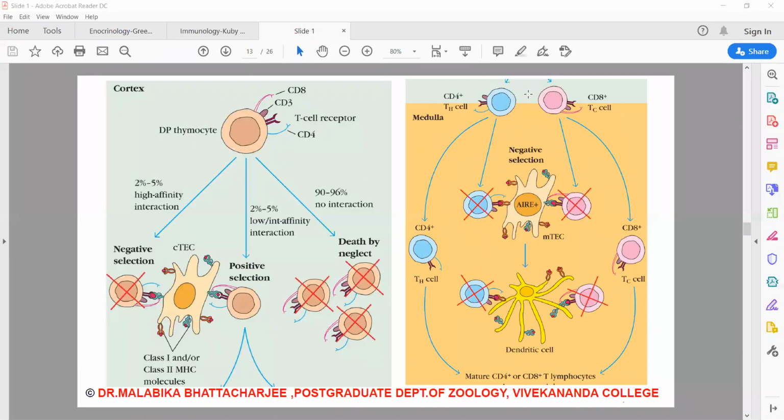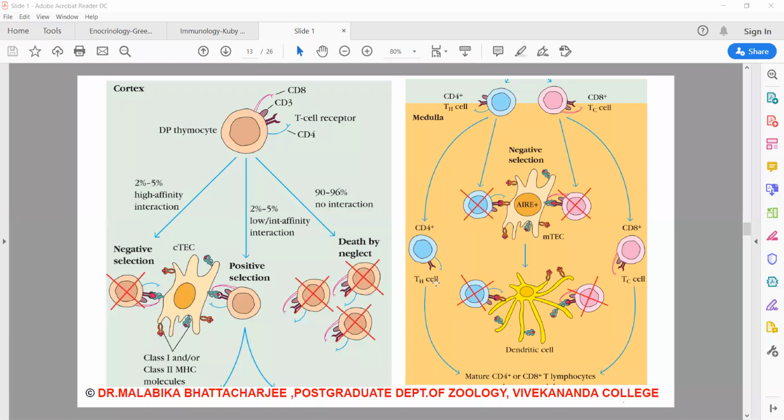Now the next part of the schooling: whether the cells are overreactive to self antigens. If the cells are overreactive to self antigens, then there is a risk of sending these to the peripheral immune system. So they need to be killed. If the cells are seen to be overreactive with self antigens, then as a result of interaction of these overreactive thymocytes with the medullary epithelial cells, they are killed.